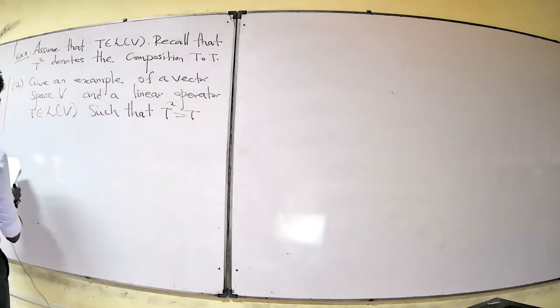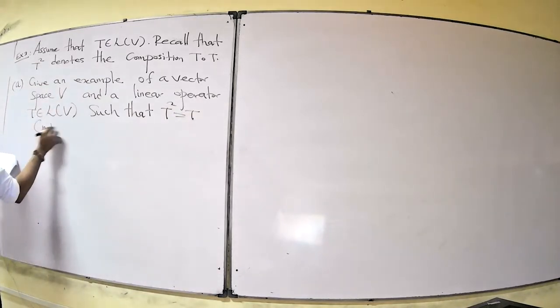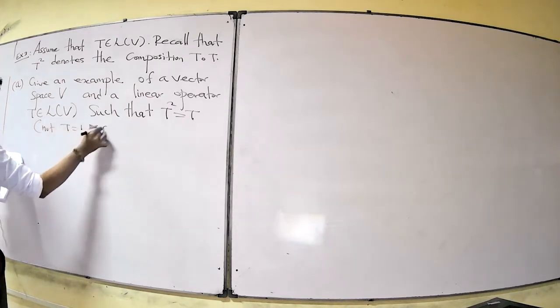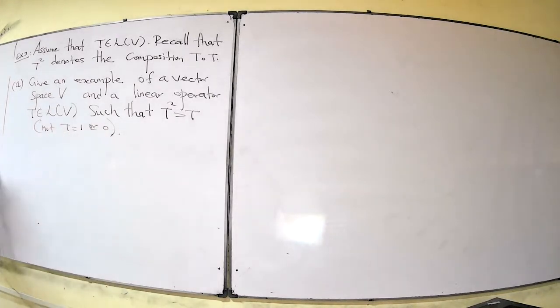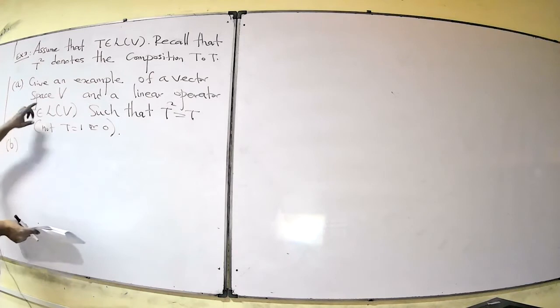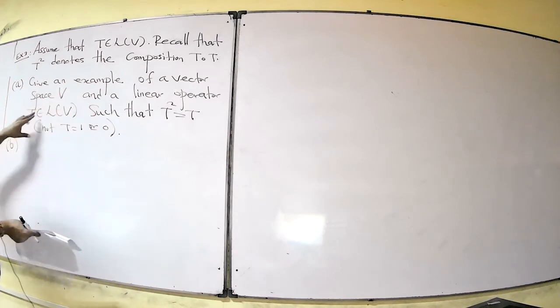T squared equals T, but T does not take the value 1 or 0. Part A, okay? Give an example of a vector space V and a linear operator T such that this condition holds.